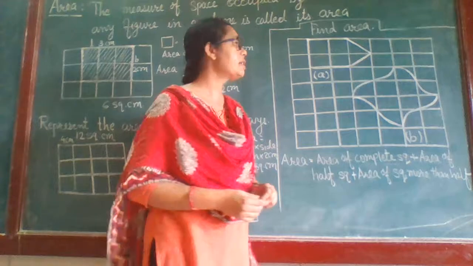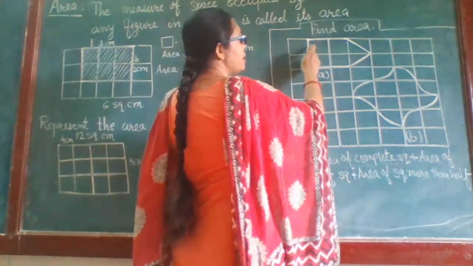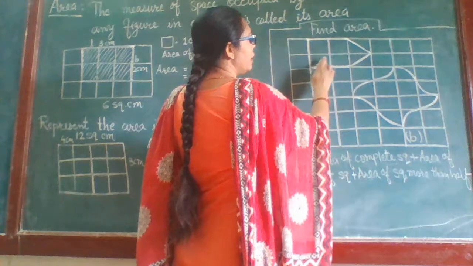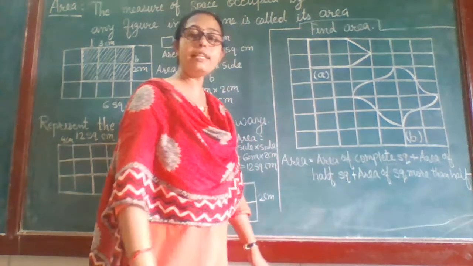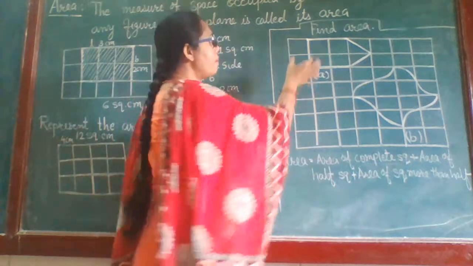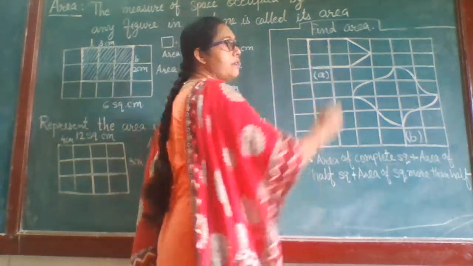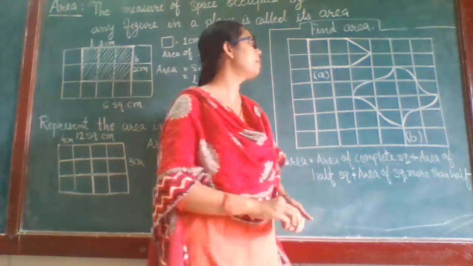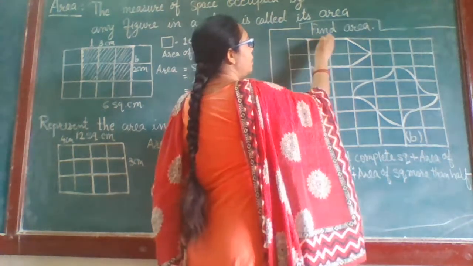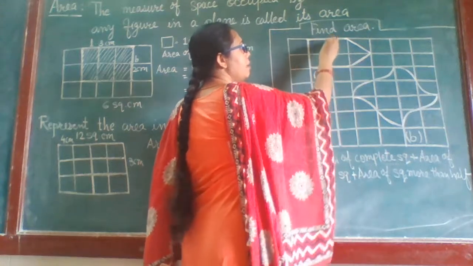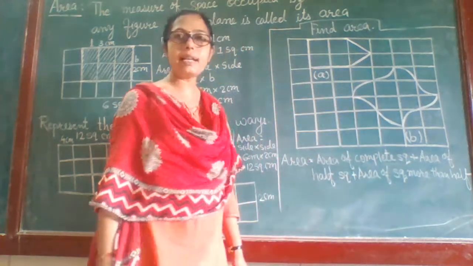So students, here we can see that this figure has occupied 1, 2, 3, 4 full squares, and we know that the area of 1 square is equal to 1 square centimeter, because the length of 1 square is 1 centimeter multiplied by 1 centimeter.